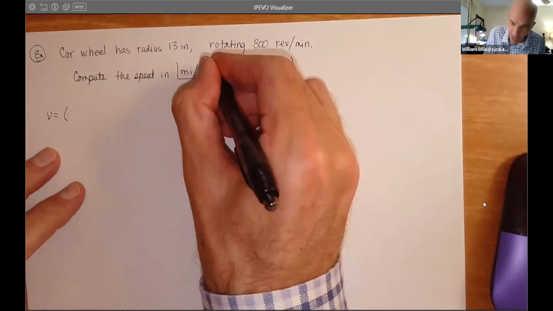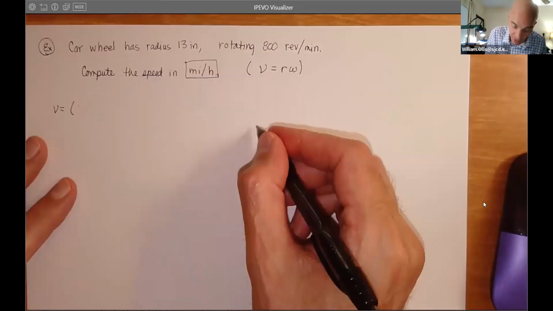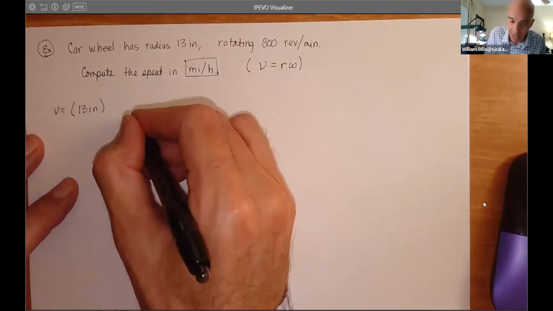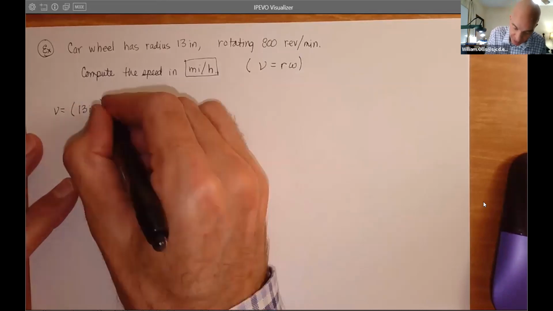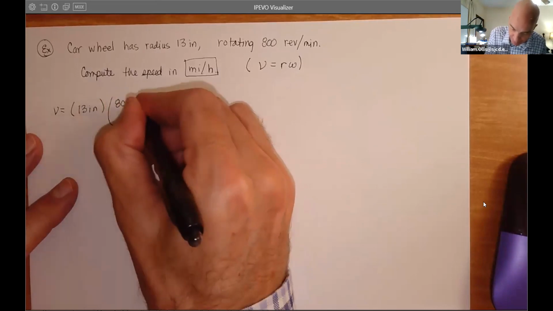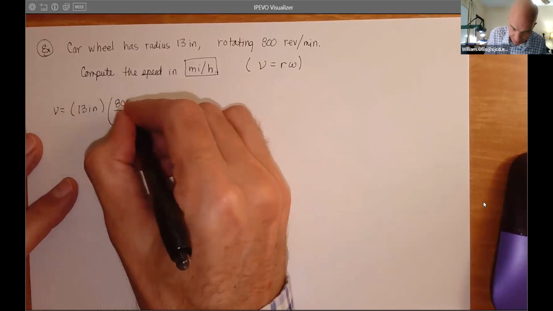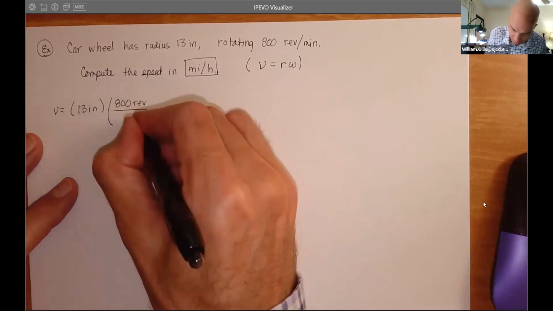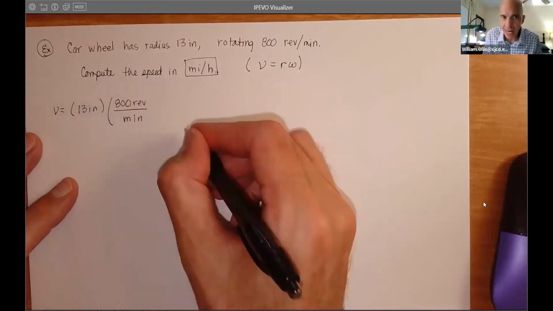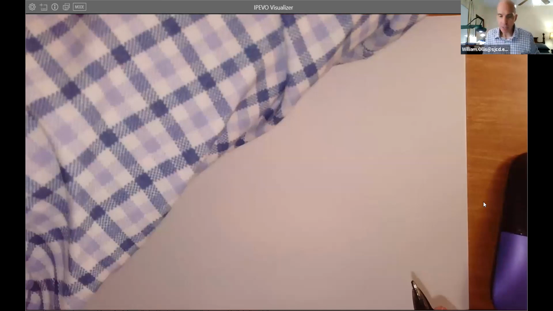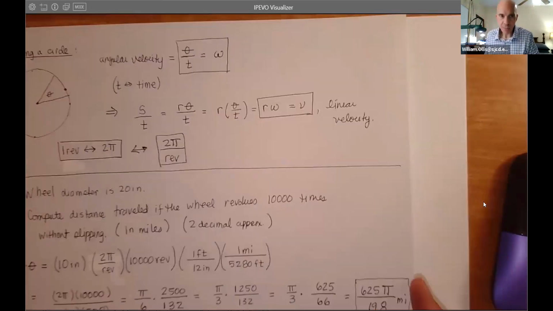Here we go again, 5,280 feet. So we have 13 inches. And then we have 800 revolutions per minute. That's the angular measure. But remember, right here, 2 pi radians per revolution.